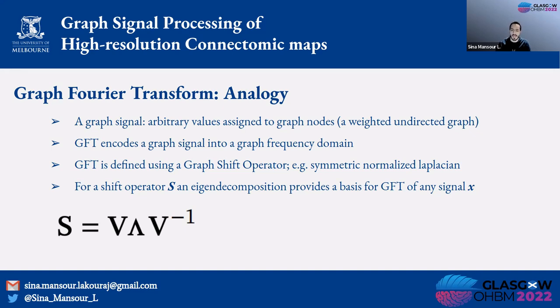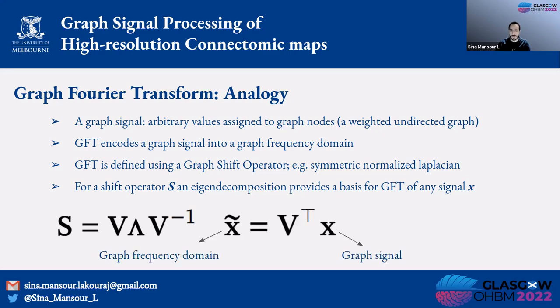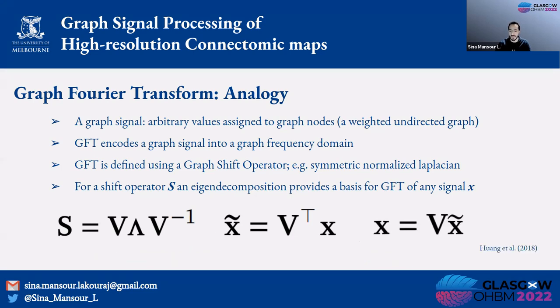And then any arbitrary signal x could be encoded into the graph frequency domain using a matrix multiplication. And whenever we need to convert the signal back to the graph signal domain from the frequency domain, a similar matrix multiplication can be used to retrieve the original graph signal.